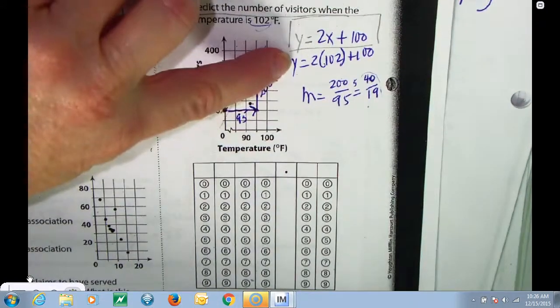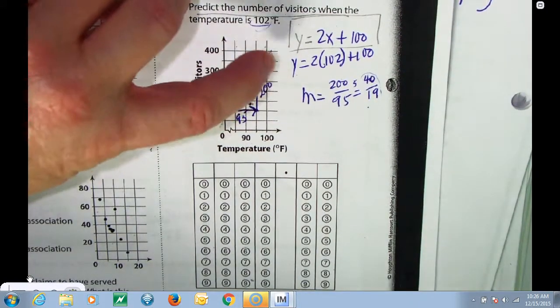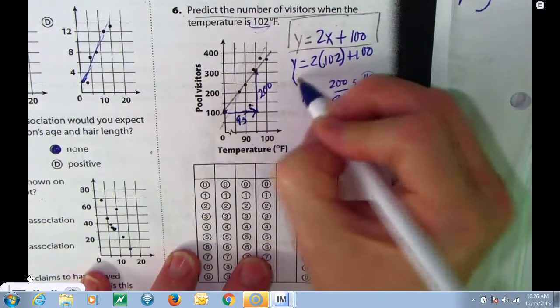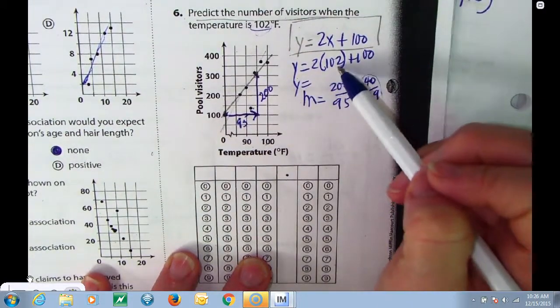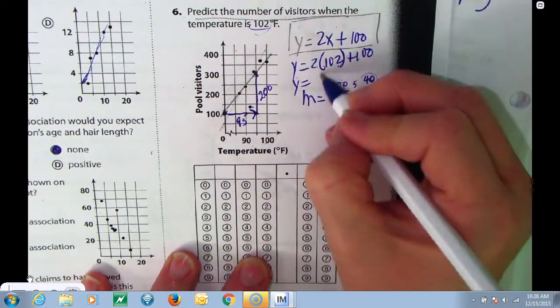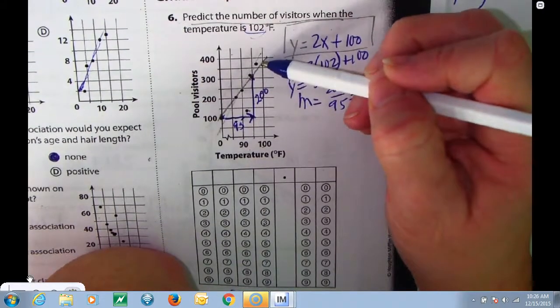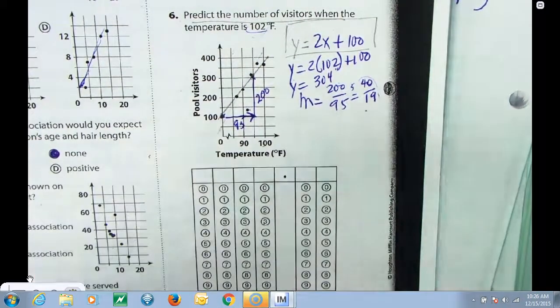But they might give us y. You have to be careful. They might say the pool visitors, there's 500. What was the temperature? So what are you going to get? 304? Okay. All right. Good deal.